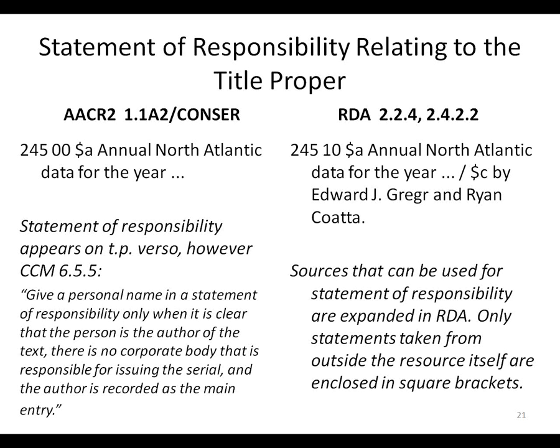There was in the CONSER cataloging manual an instruction that said that you would give a personal name in a statement of responsibility only when it is clear that that person is the author of the text and there's no corporate body responsible for issuing the serial, and that the author is recorded as the main entry. And we'll talk about the authorized access point a little later. But there was a general CONSER practice which discouraged catalogers from transcribing statements of responsibility that included personal names.